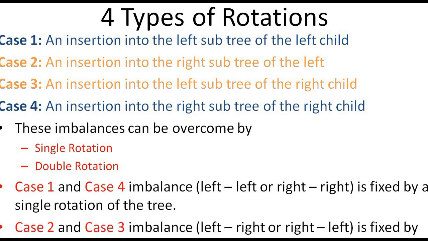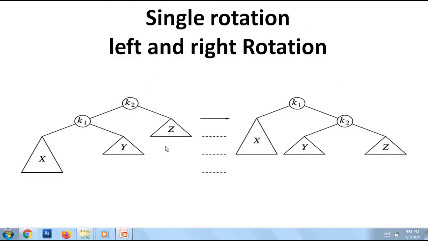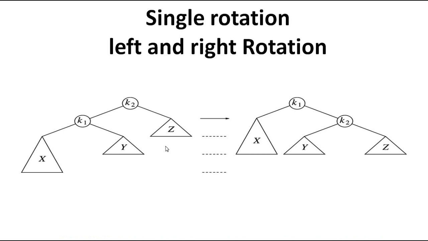And case 2 and case 3 imbalance is fixed with left-right or right-left rotation. This is called double rotation. Now we will discuss what single rotation is and how it works. We know single rotation means case 1 and case 4.